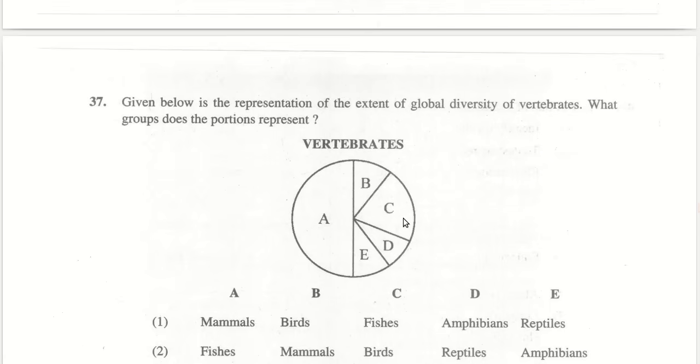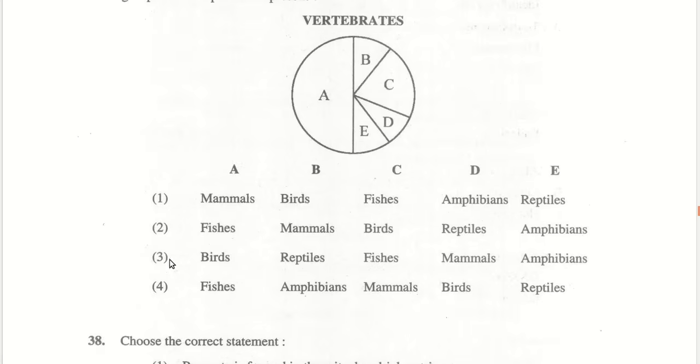C is birds, D is reptiles, E is amphibians. On the extent of global diversity of vertebrates, fishes have maximum diversity, and second position would be the birds. So the second choice is the correct answer for 37.